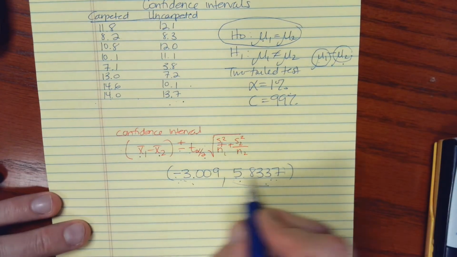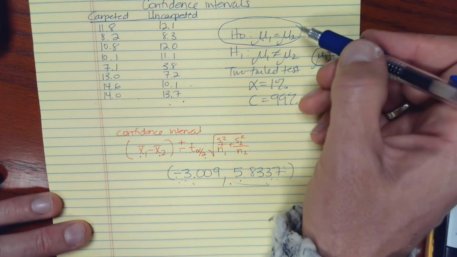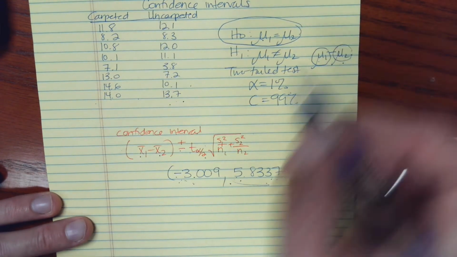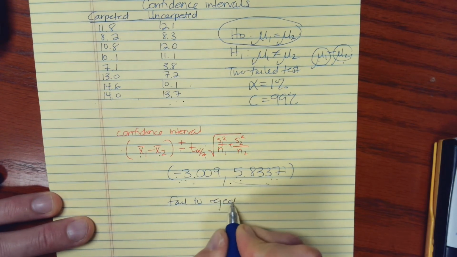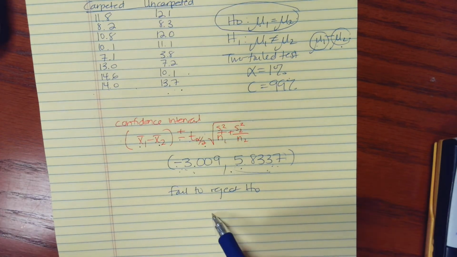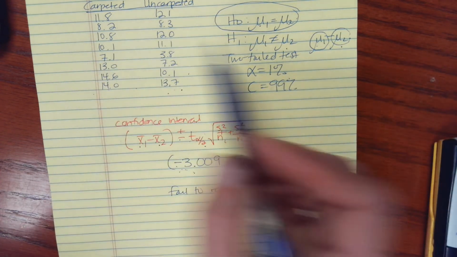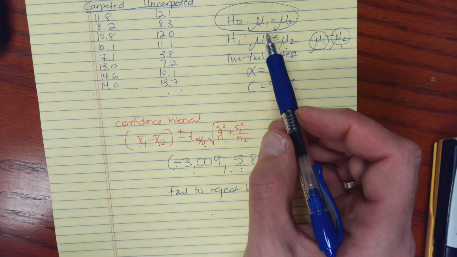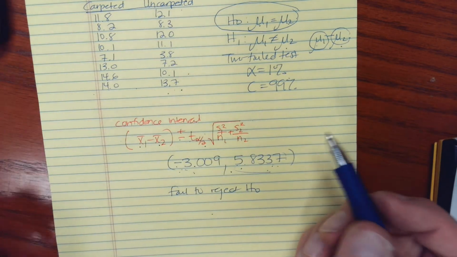So I'm going to fail to reject the null hypothesis, which means there is insufficient evidence that the mean bacteria count is different in carpeted rooms and uncarpeted rooms.